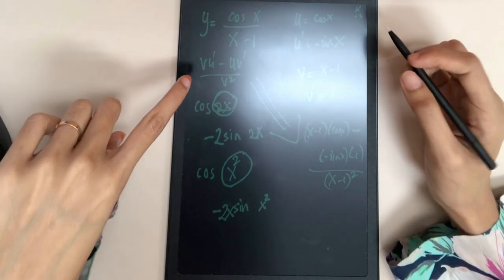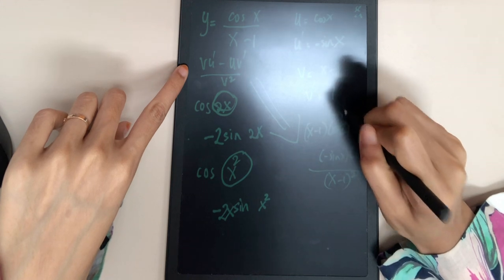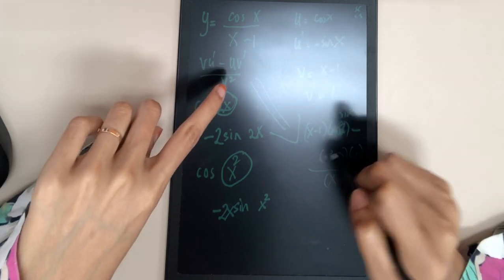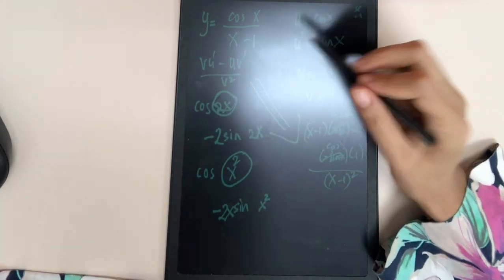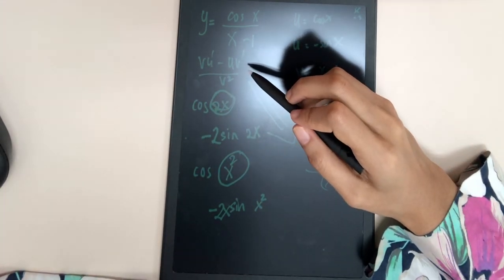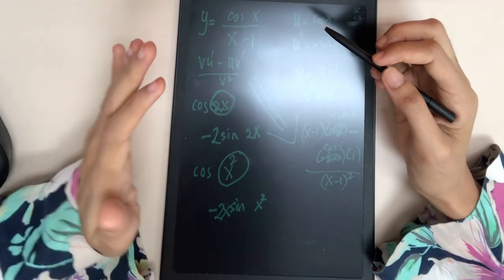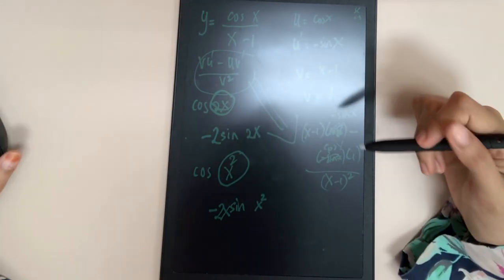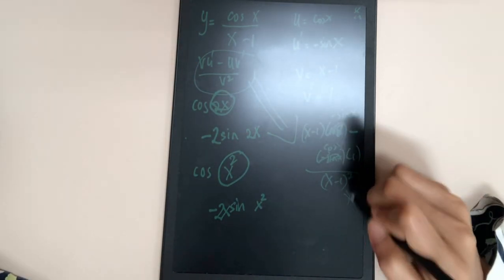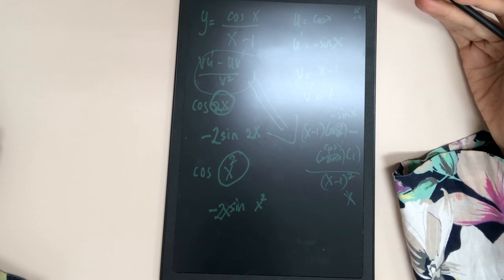Sorry, this one is u prime, v u prime, negative sin x. This is u, cos x. Okay, I made a mistake. So make sure you substitute correctly into the formula. Even I made a mistake. So make sure you write the formula first and then substitute. Okay, so this is all about what we call the product rule and also the quotient rule.